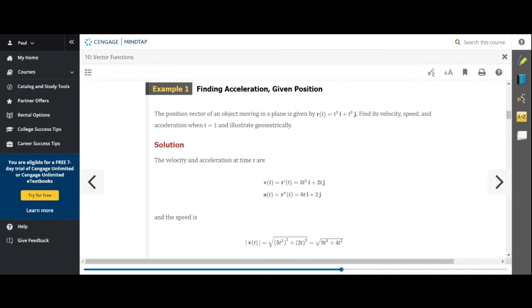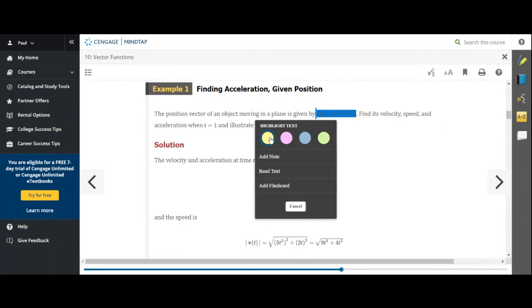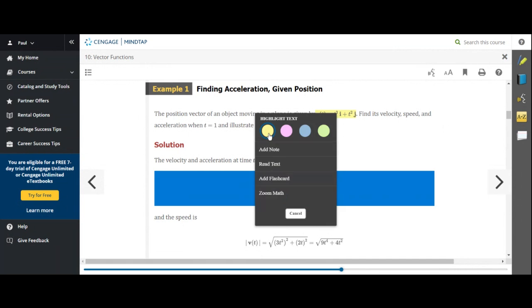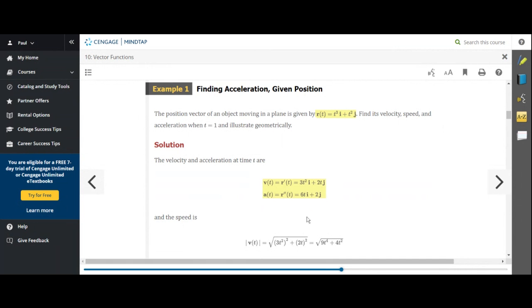You have a position vector, r of t equals t cubed i plus t squared j. You find the velocity by taking the derivative of position, and you get a velocity vector, and you find the acceleration vector by taking the derivative of velocity, which would be the second derivative of position.